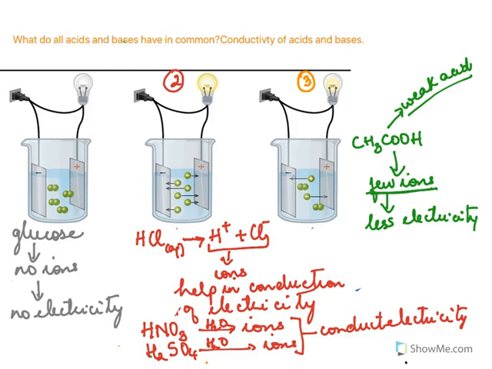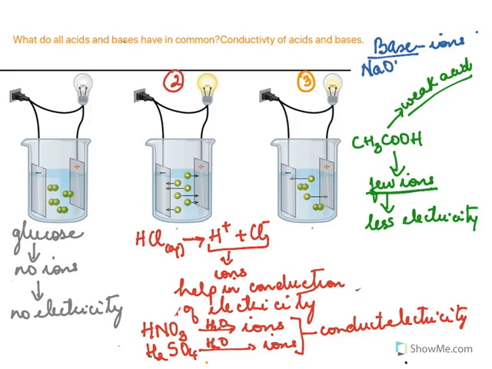So if I were to ask you the question, why do acids conduct electricity? Because acids are able to give out ions when mixed with water, and these ions help to conduct electricity. The same is the case with bases. Bases also give out ions. They have ions, so they conduct electricity.